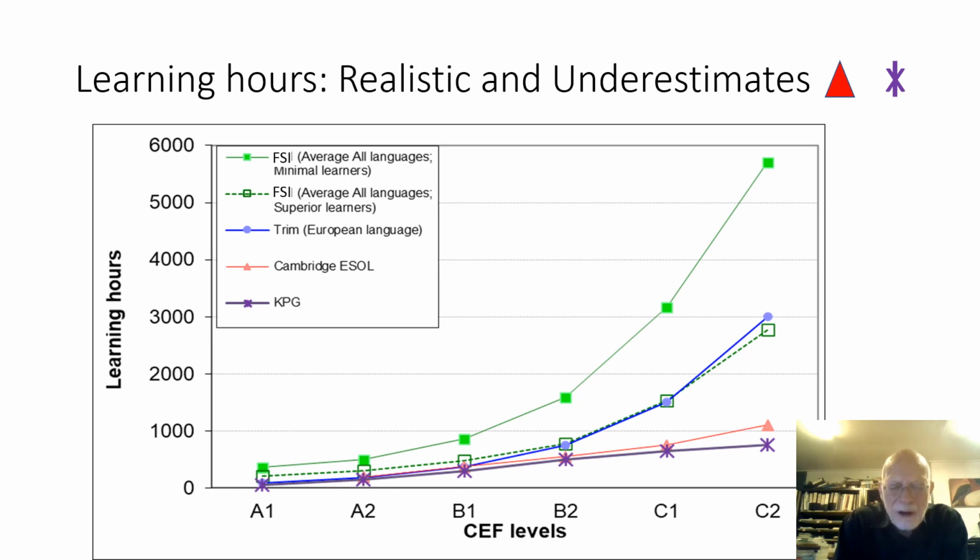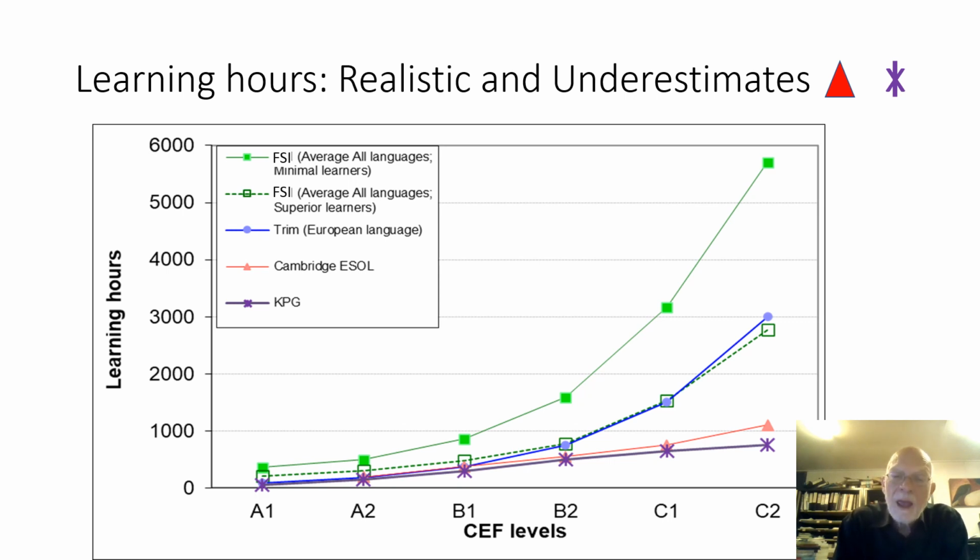requires less hours to learn the language up to a certain level, then of course the systems of education, the curricula, are likely, if they follow this estimate, to set requirements which are way too high.